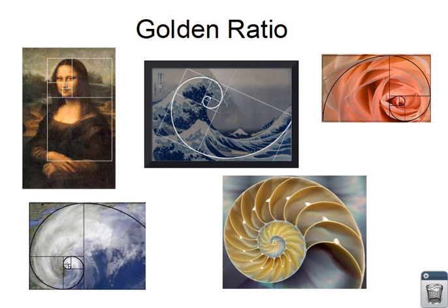Like all of these. Okay, here's the Mona Lisa, and they figured this out by just superimposing the golden rectangle onto her face. They started studying things, trying to figure out why everybody thought she was so beautiful to look at. And so they figured out this ratio. Well, then it turns out there's other things in nature that can do the same way.